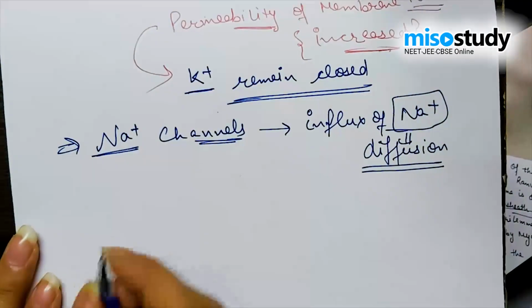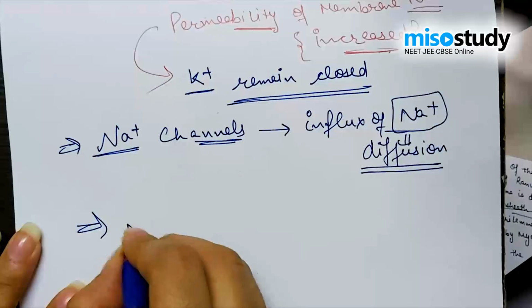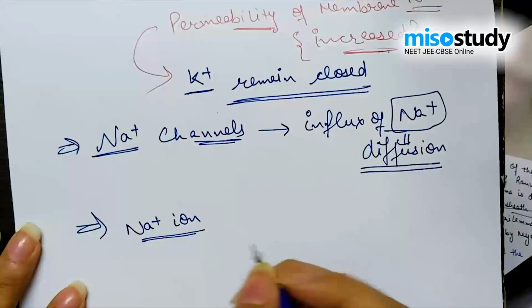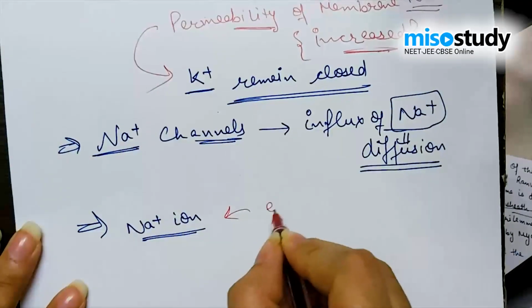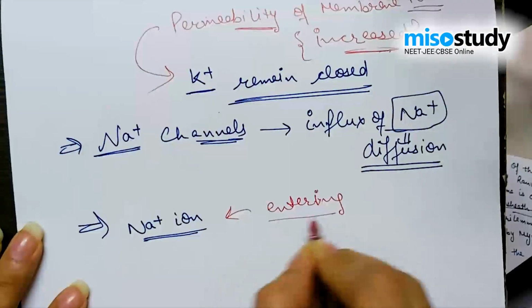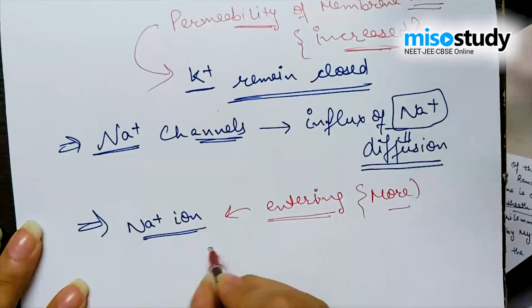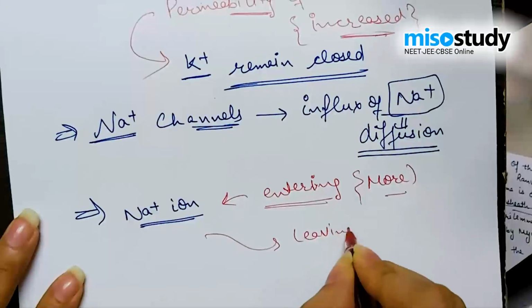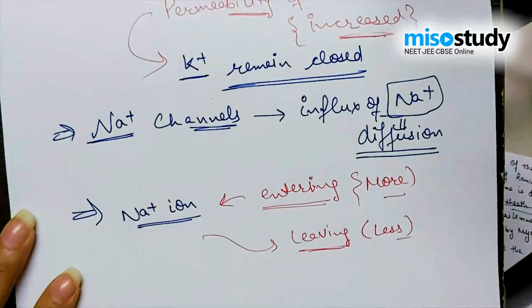Since more Na plus ions are entering the cell than leaving the cell, the number leaving is less.